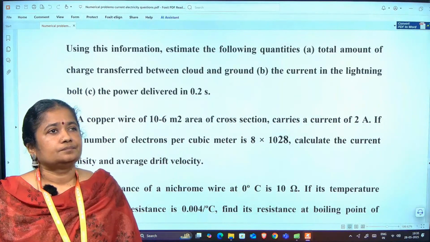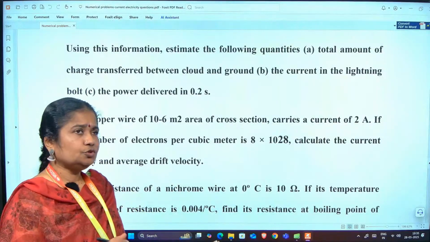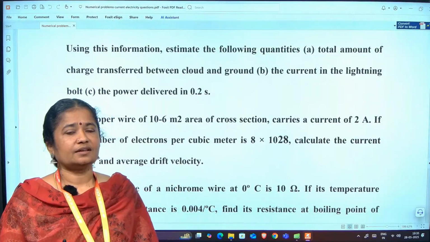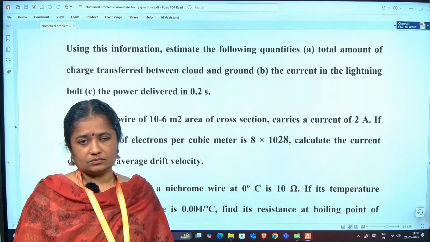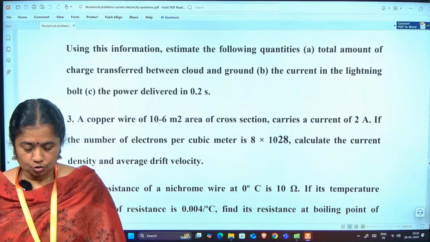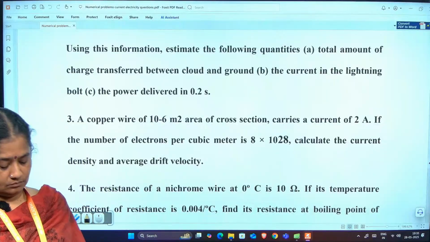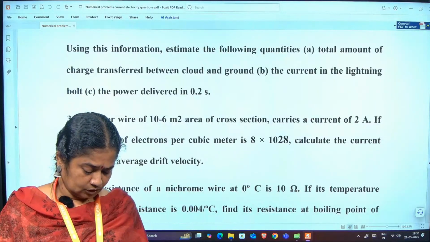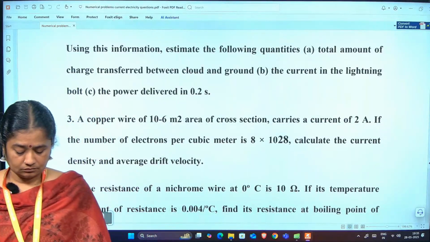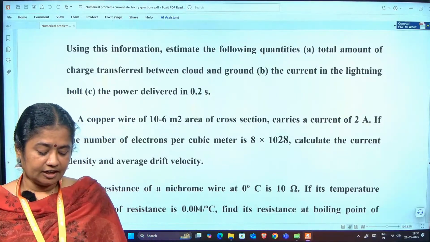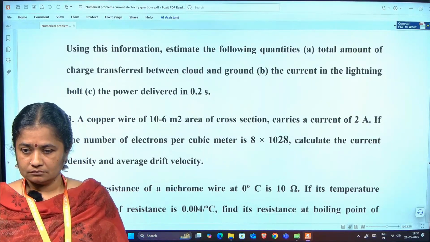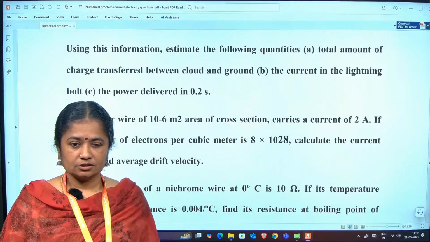So use the formula U is equal to QV and calculate Q. Tell me the answer in coulombs. How much coulomb is transferred? 20 coulombs? 10 power 9 divided by 5 into 10 power 7. So 100 by 5, 20 coulombs.